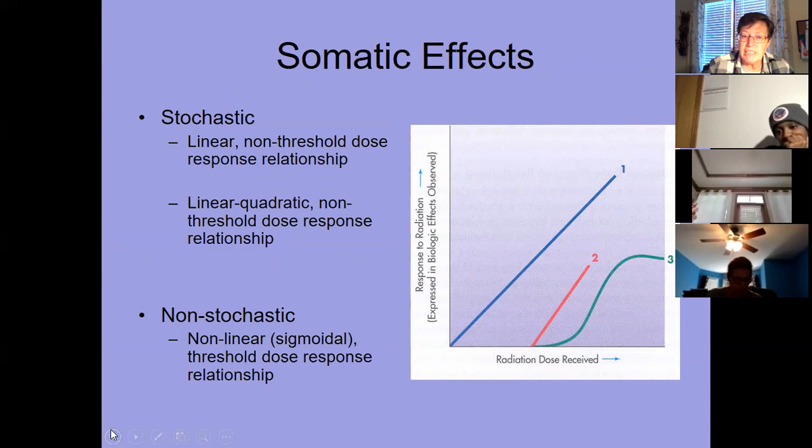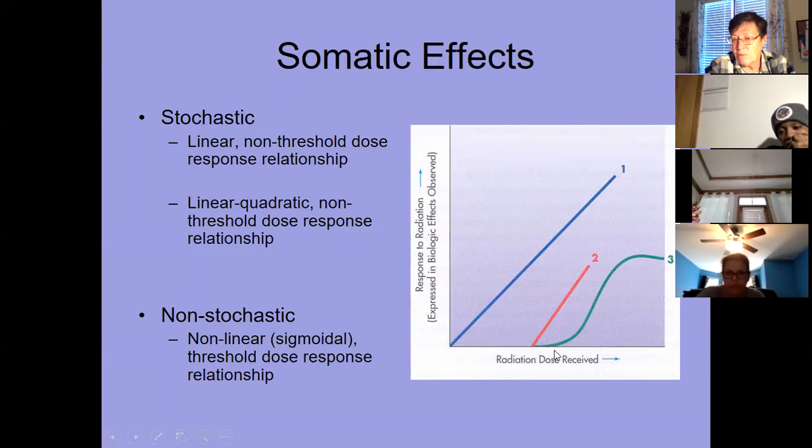For the non-stochastic effects, they are nonlinear or sigmoidal, meaning sort of S-shaped, and threshold. So if we look, that would be curve 3. It doesn't start until we're a certain way up the dose axis, so that's the threshold. Once we pass the threshold, we start to see the effect.